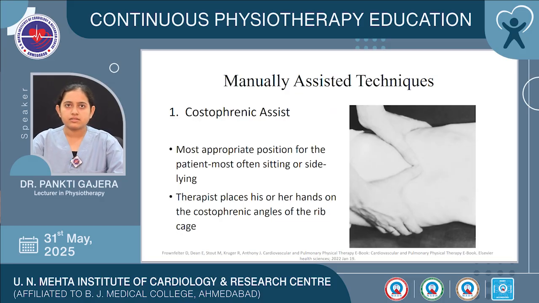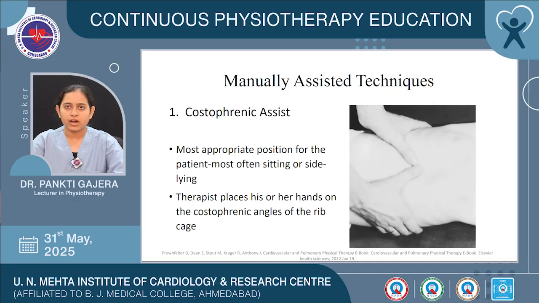So first one is manually assisted coughing. In that, first one is costophrenic assist. Most appropriate position for the patient, most often sitting or side lying. Therapist places his or her hands on costophrenic angles of the rib cage, shown in the picture like a V shape.